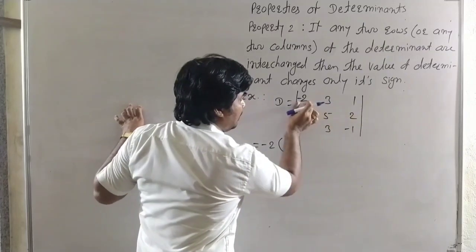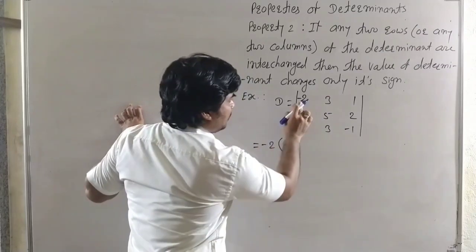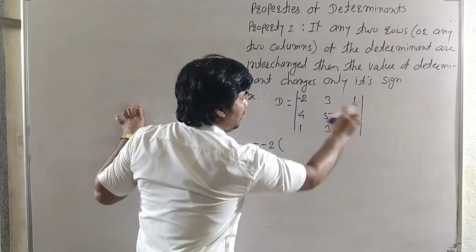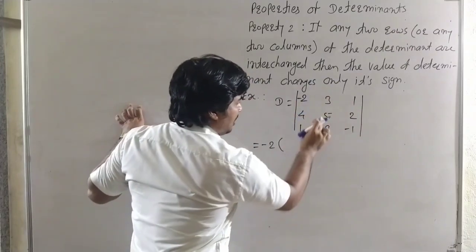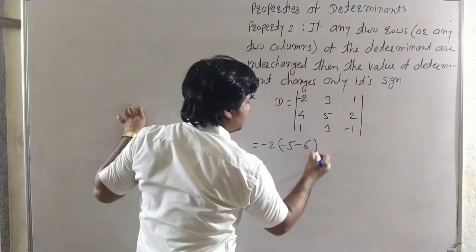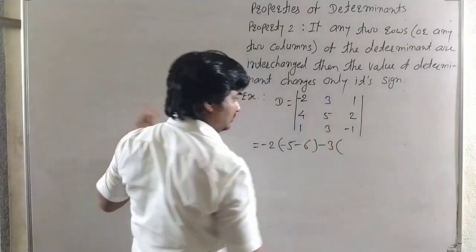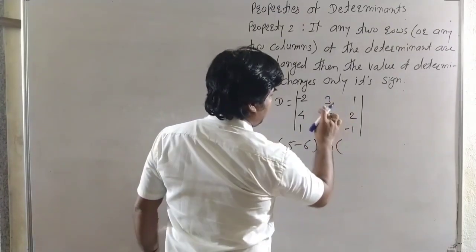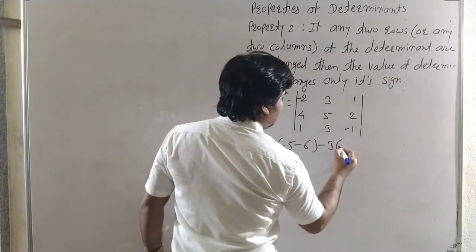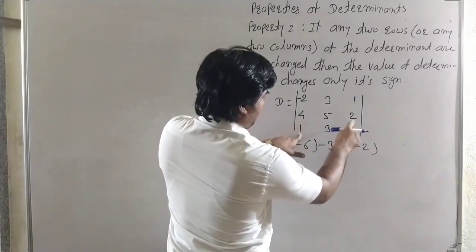For the first and third terms, keep the sign as it is; change the sign of the middle term. First -2 as it is, then -2 into the determinant of 5, 2, 3, -1, eliminating the row and column of -2: 5 into -1 is -5, and 2 into 3 is 6, so -5 - 6 is -11. Then -3 into, eliminating column and row, 4, 2, 1, -1: it is -4 - 2, that is -6.